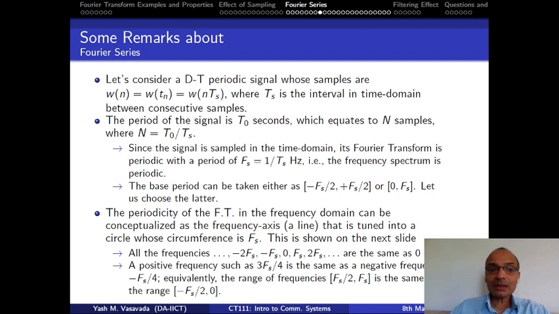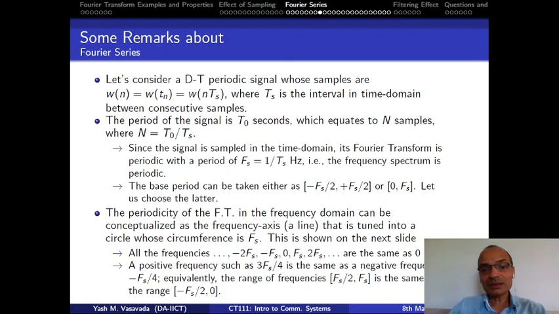But remember, we are here considering not only that the signal is sampled in time domain, but also that it is periodic in time domain. And so now remember that whenever a signal is periodic in time domain, what happens in the frequency domain?